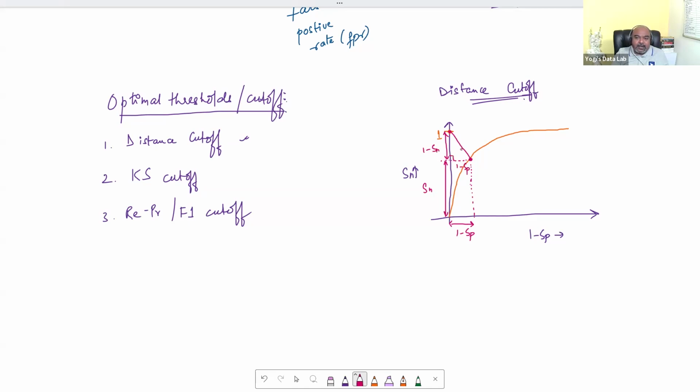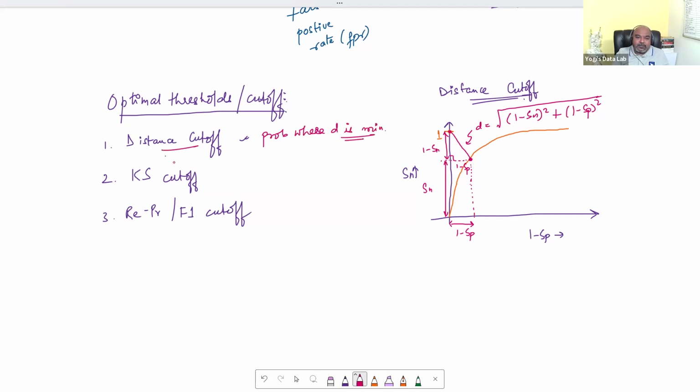This is a right angle triangle, so this becomes the hypotenuse. As per the Pythagorean theorem, this distance d will be equal to the square root of (1 minus Sn) whole squared plus (1 minus Sp) whole squared. The probability where this distance is minimum is known as the distance cutoff, because I want the minimum distance over here.